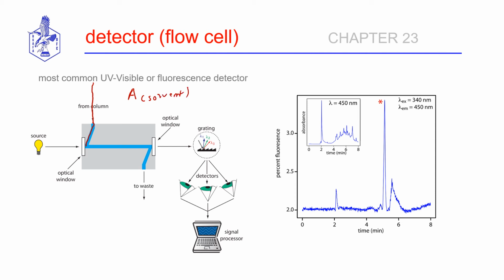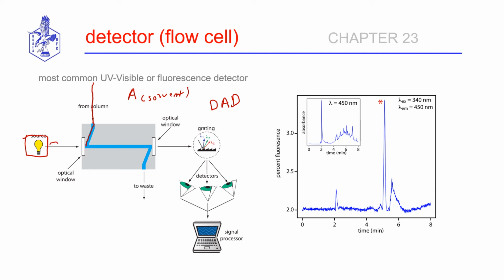All right, so if it is a UV visible absorption spectrometer, we have to have a UV lamp and or a visible lamp at this stage. Typically, we are going to have a diode array detector so that we don't need a monochromator to select a specific wavelength.